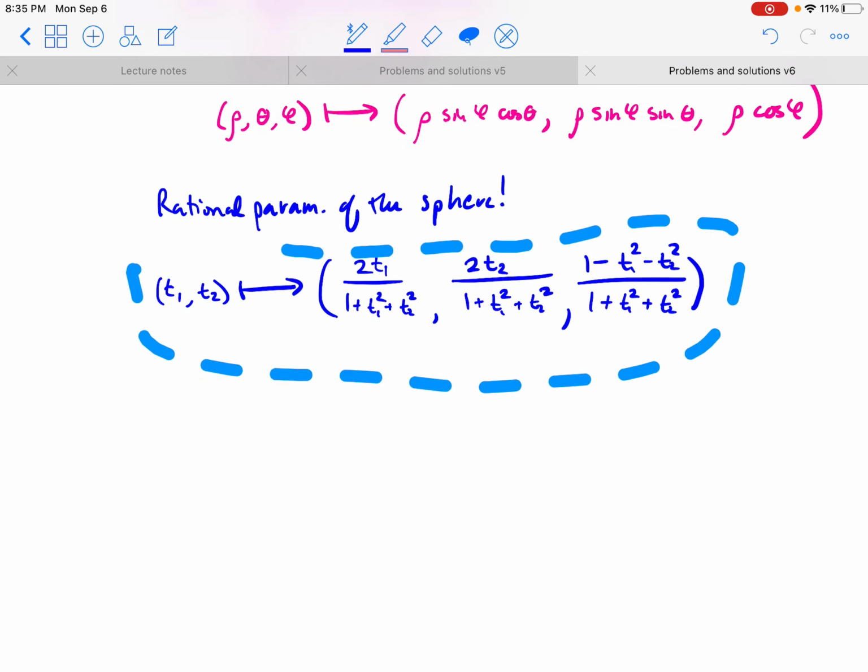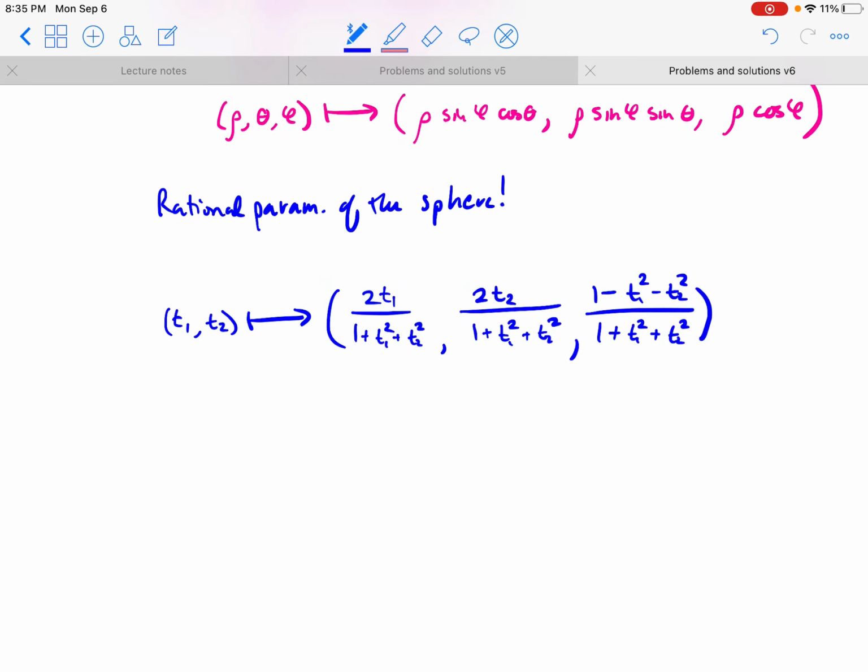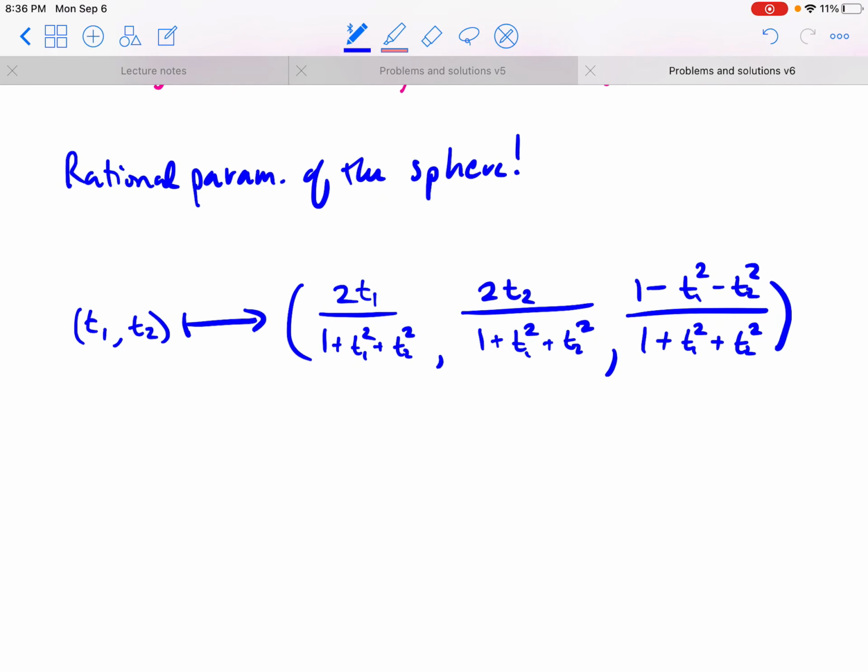This is a rational parameterization of the sphere. It allows calculation of exact coordinates, exact rational number coordinates on the sphere. This is a map from R2 to R3. And let's see. We want it to be the sphere of radius rho.